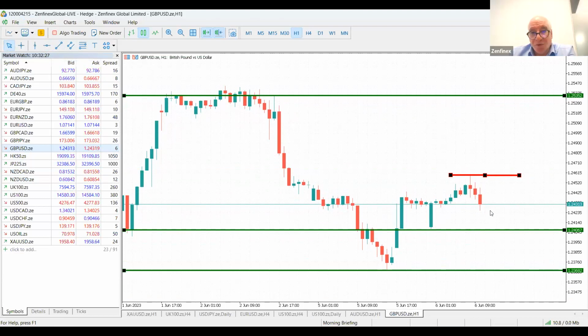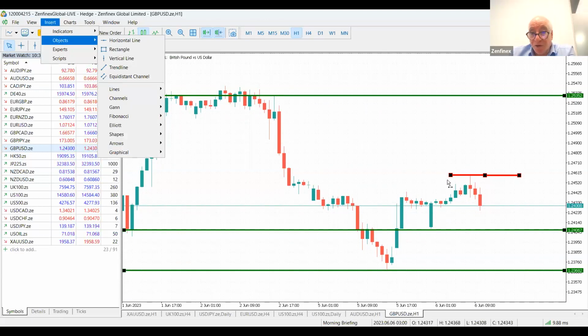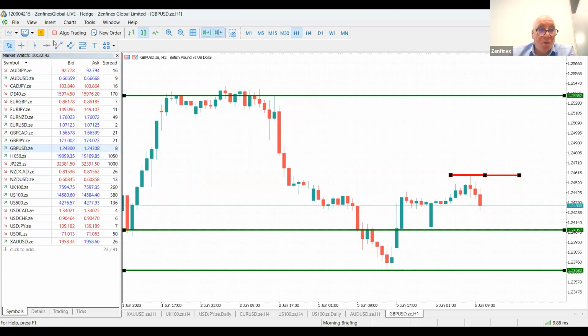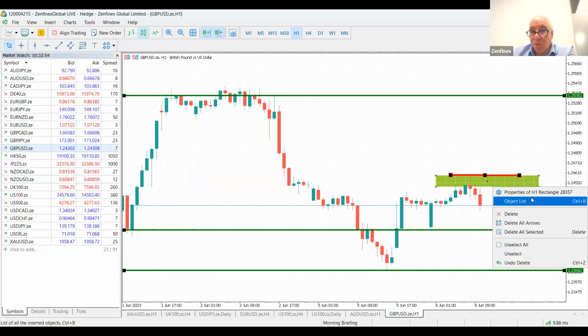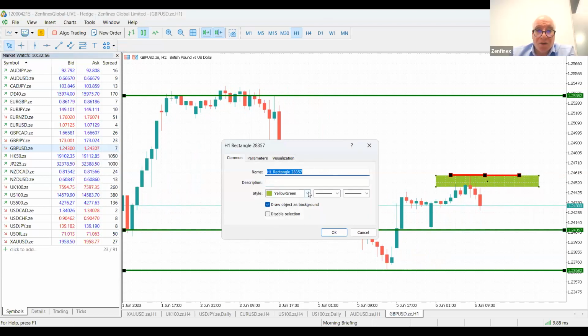I mean, I'm not sure about this one. It will probably get down to here, but the entry is going to be a bit more difficult. So let's see if we can put an object there and see if we can find a precise level where we would be thinking about putting a trade on. I'll just color that orange.